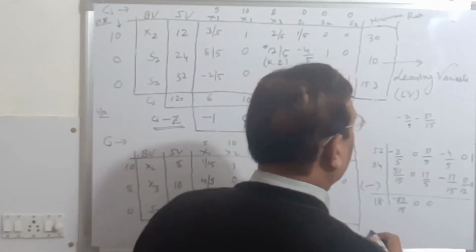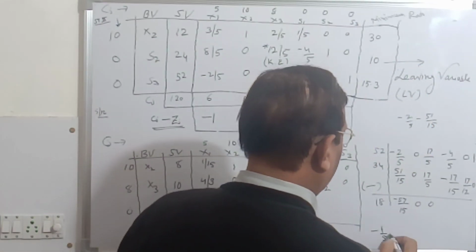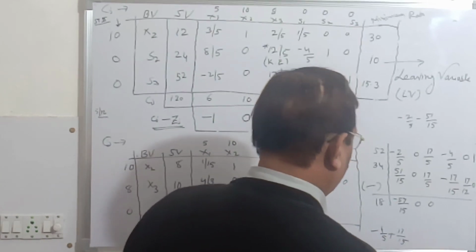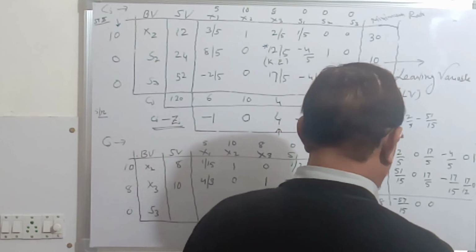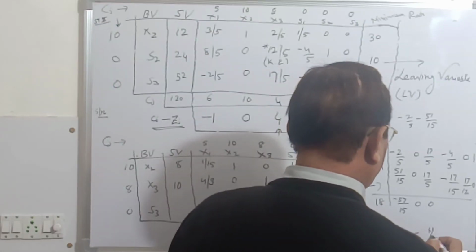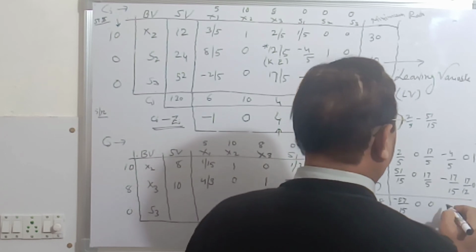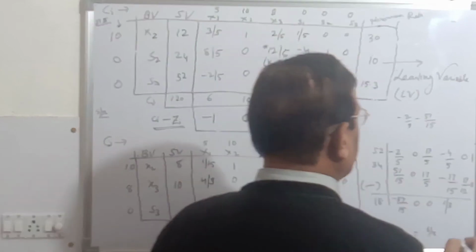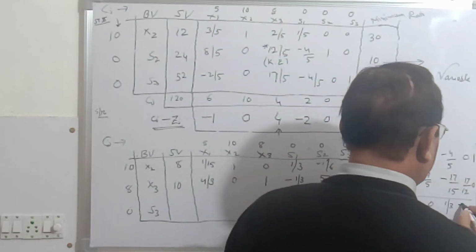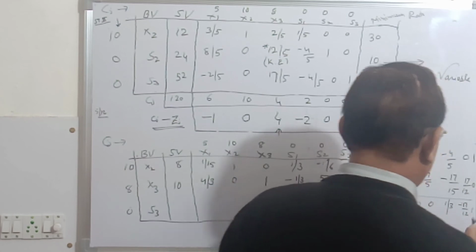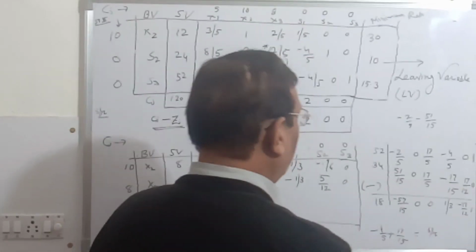Minus 4 by 5 plus 17 by 15, it is 5 by 15, or 1 by 3. And this is 0 minus 17 by 12. And this is 1. This is your new row.